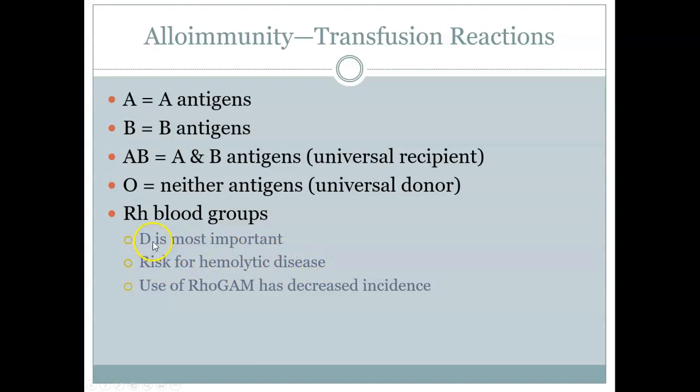They will test to see if you're Rh positive or Rh negative, and actually they'll check your husband too, or the person that is the father of the baby. And if you don't match up your Rh factor, then you may need RhoGAM to decrease the incidence of a reaction when you deliver.